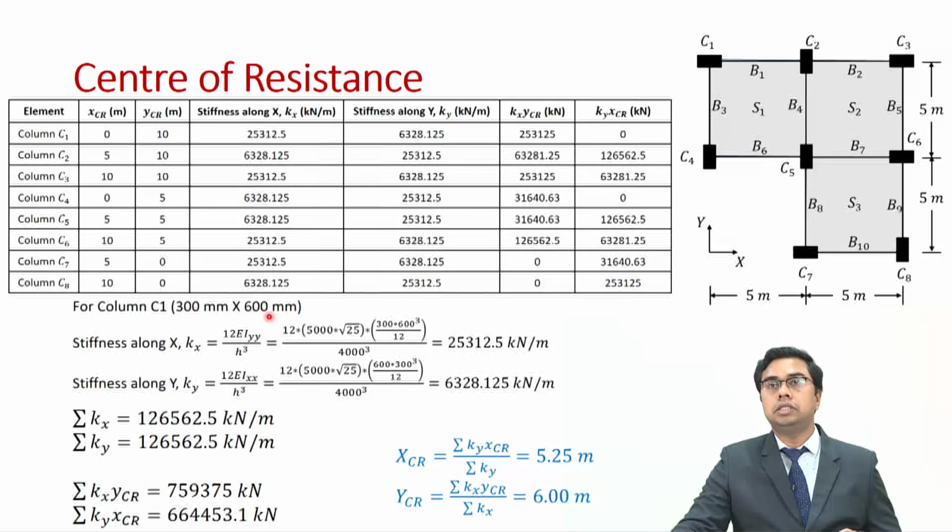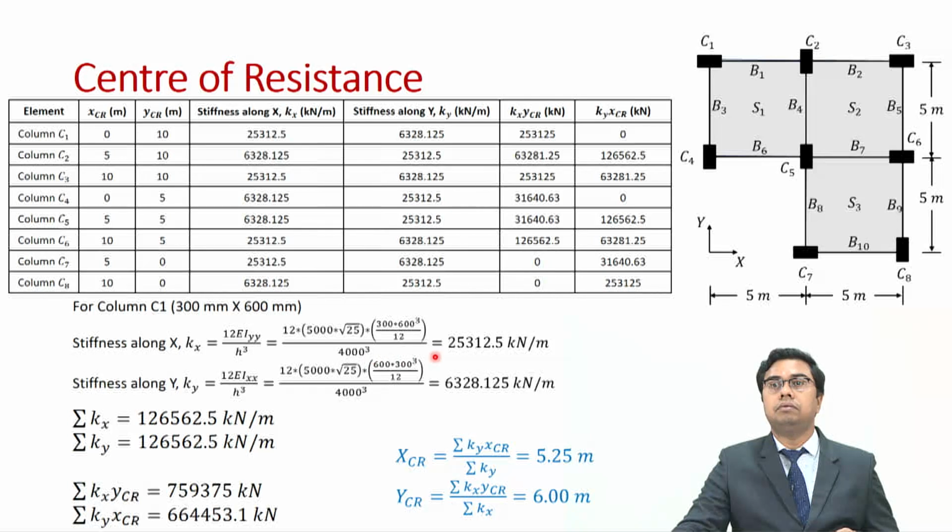So, for column C1 we have shown the calculation. When calculating the stiffness along x, you consider the second moment of area about y, which will be 300 multiplied with 600 cubed divided by 12, and the height of the column will be 4 meters.